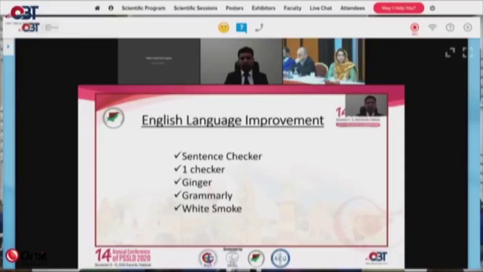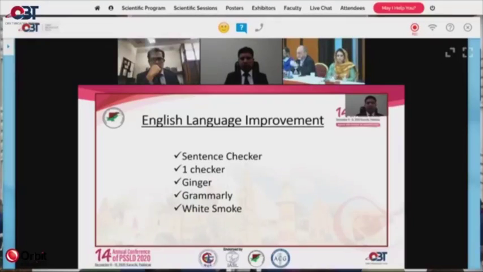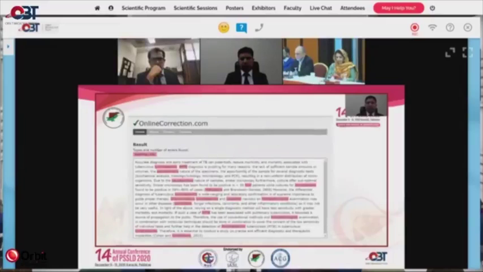These are Sentence Checker, One Checker, Ginger, Grammarly, Whitesmoke. If you paste your paper into a couple of these software, this will really improve the quality of your paper. Like, I pasted a paragraph into a software named onlinecorrection.com, and it is suggesting different typing or spelling mistakes in this paper.